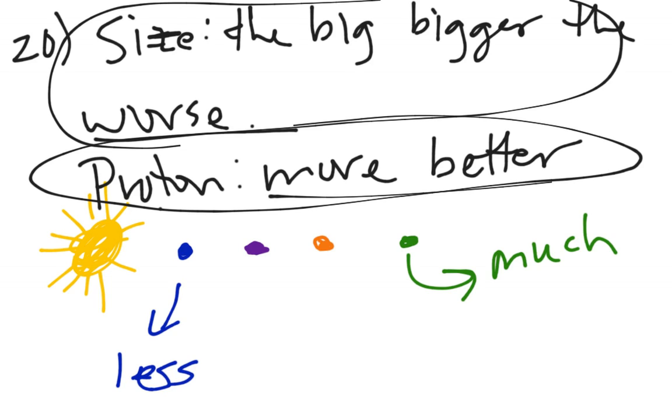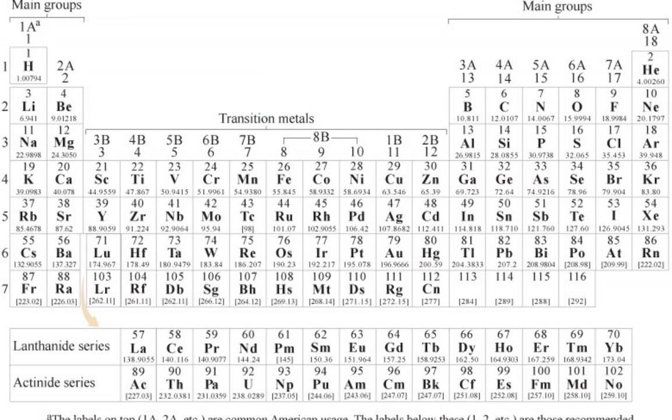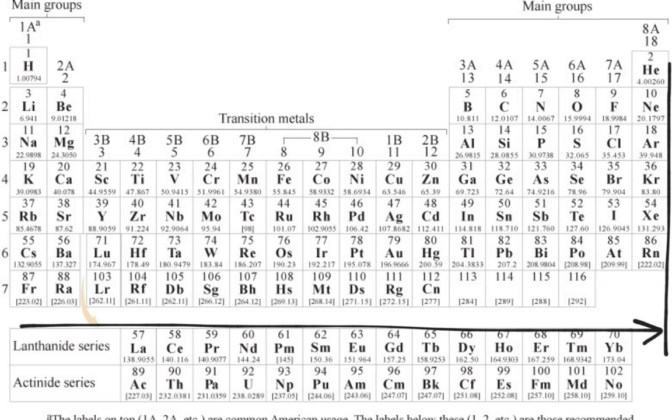So if we look at that on the periodic table, this is doing number 21 and 22. I go this way gives me more protons. This way gives me less size. Noble gases don't count because they don't bond. So fluorine is my most electronegative element. And the closer you are to fluorine, the more electronegative you are.